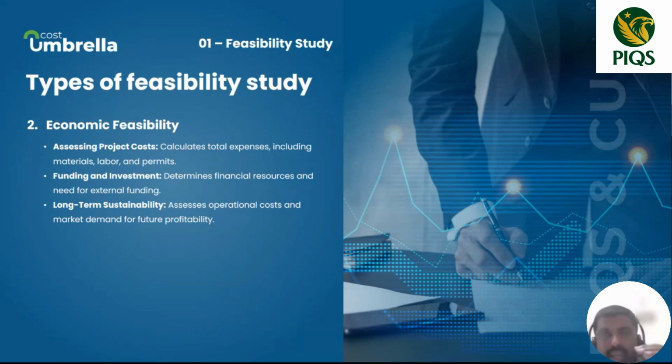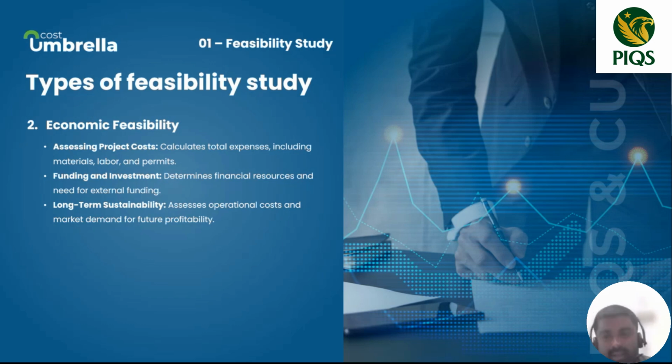First, you have to identify, okay, to construct, I need this much, let's say 10 million, right? Then you have to check whether you have 10 million or not. If you have 10 million in your reserves or any source of income, it's fine. You can use that and move further.